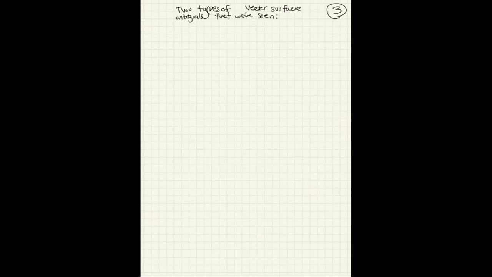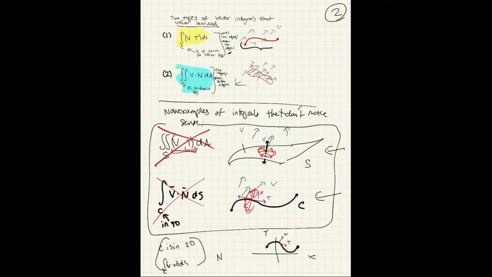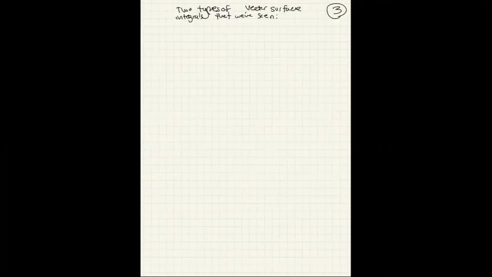Okay, so I'm going to go to this page. Two of these blue kinds where we've integrated a vector field, dotted it with a normal over a surface. On one hand, we've done just basic v dot n dA.